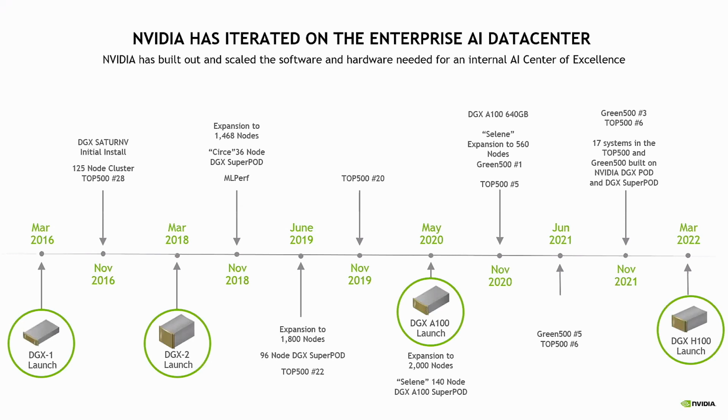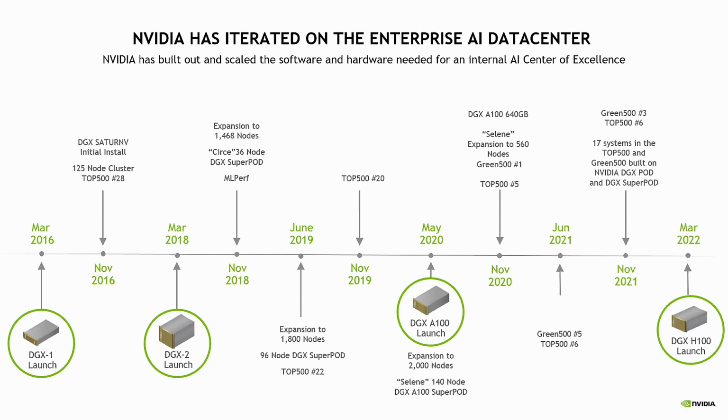So we started less than a decade ago with our first server, the DGX-1. And shortly after that, we launched Saturn V. We announced that it was our internal supercomputer, and it was a top 500 system. Over time, we've played around with the software stack internally. We've made a lot of mistakes. We've learned a lot of lessons, and we figured out how to scale up the hardware, how to scale up the cluster, but then also how to interface the software into that.